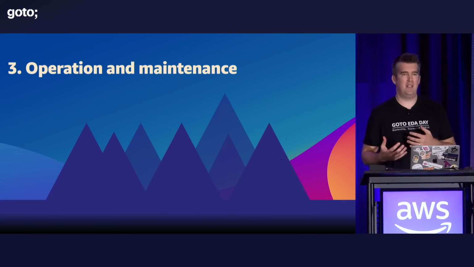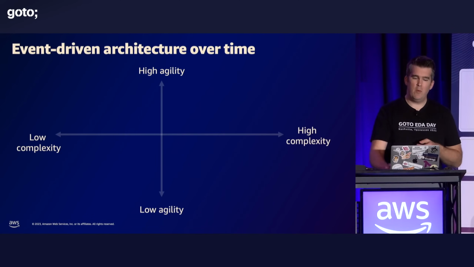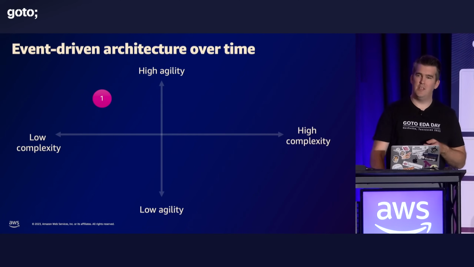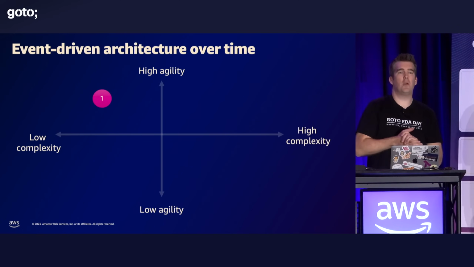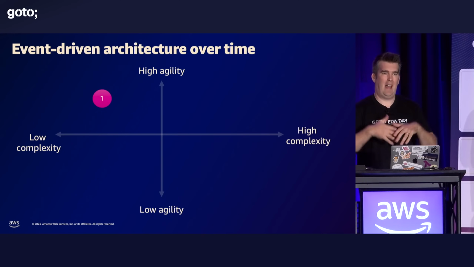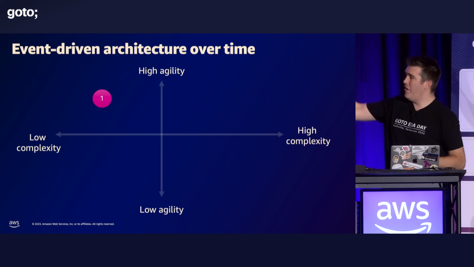Things like discoverability and standards. What does it all mean? It's interesting when you map this over time: when we build event-driven solutions, we are promised this high agility and this low complexity. Right? This is why we want to be event-driven and have these events and have these solutions. And it is there. I've been there.